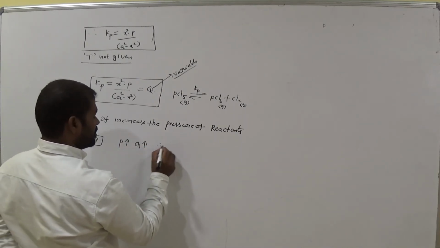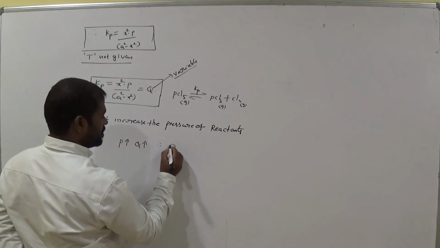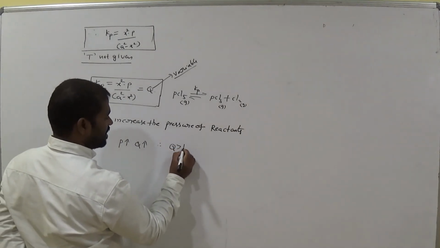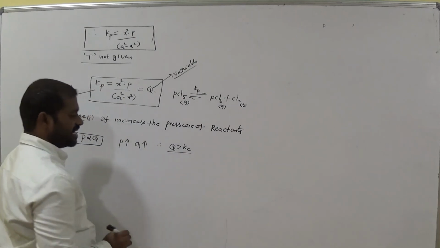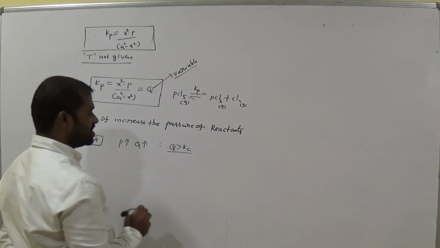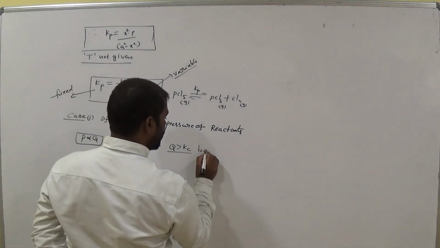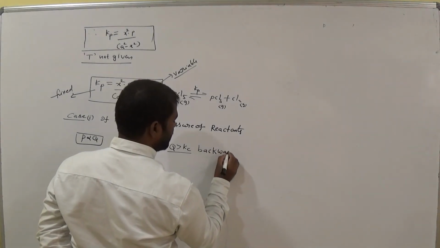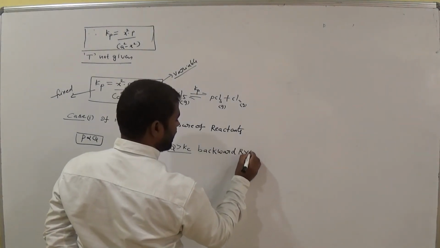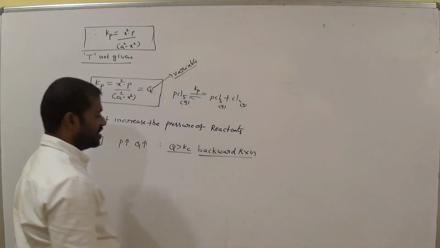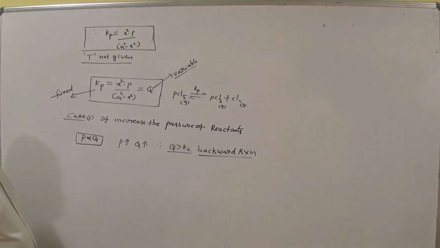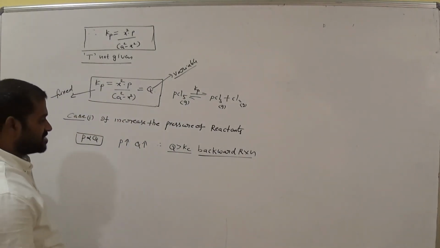Therefore Q is greater than Kc. That means which reaction takes place? Backward reaction takes place. Remember this: in this case, Q greater than Kc, backward reaction takes place.